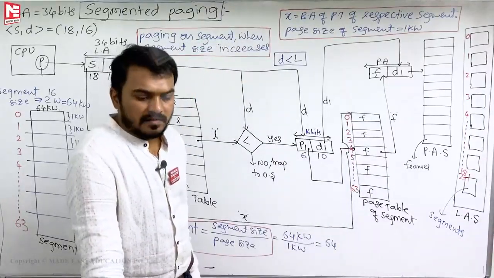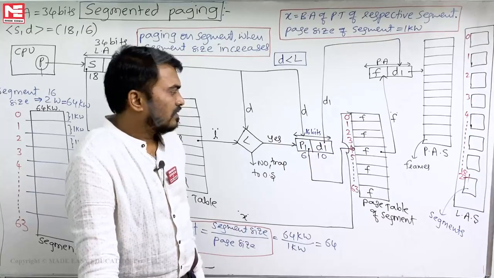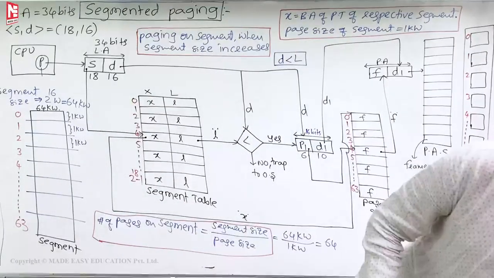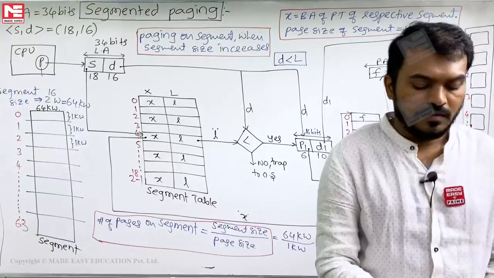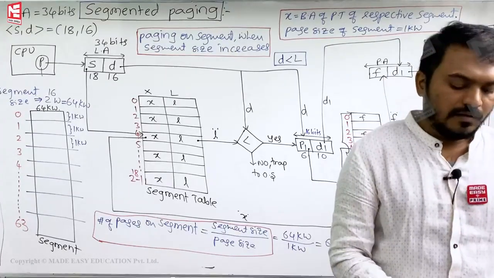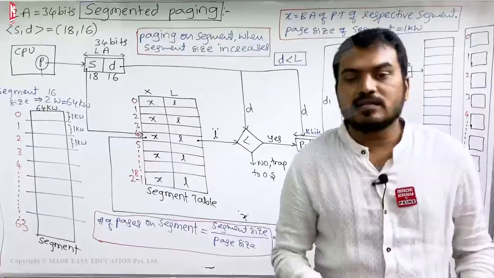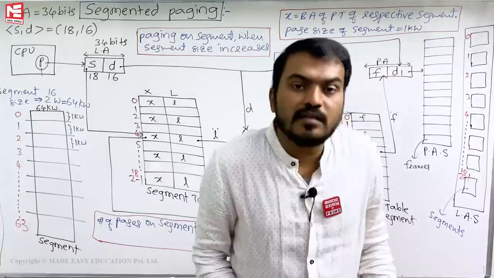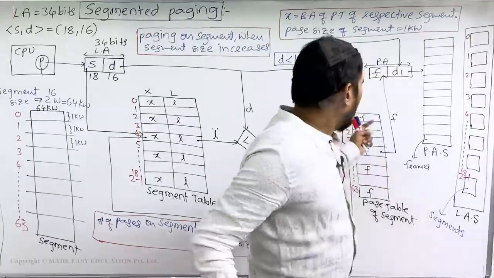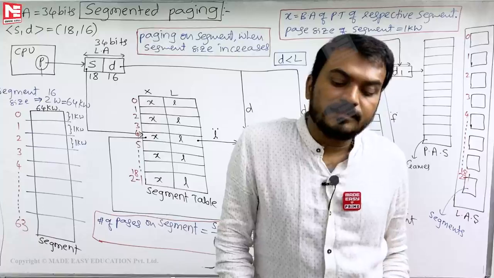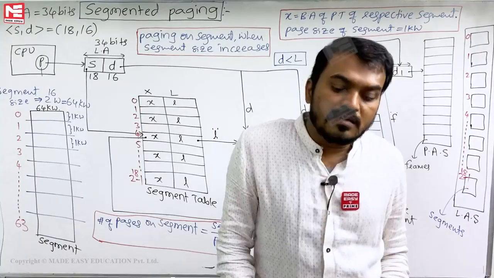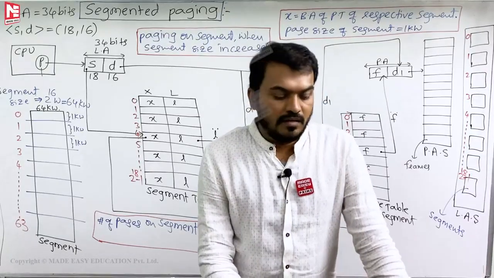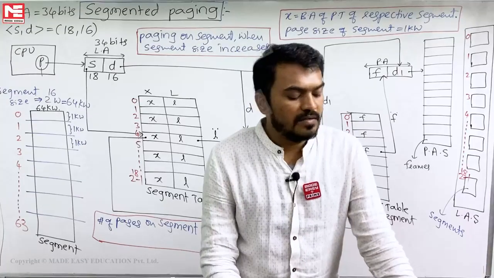Number of entries in the page table of segment is the same as the number of pages on a segment.